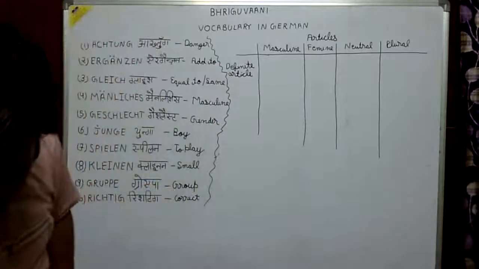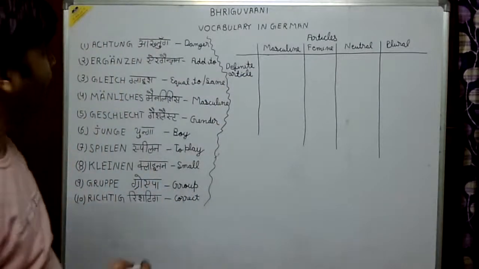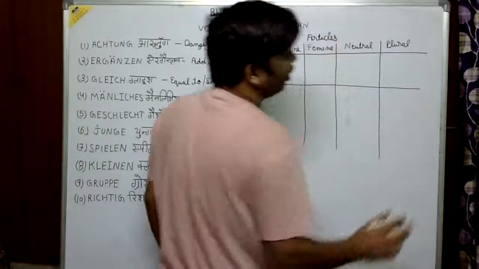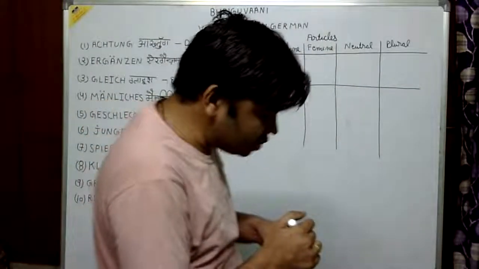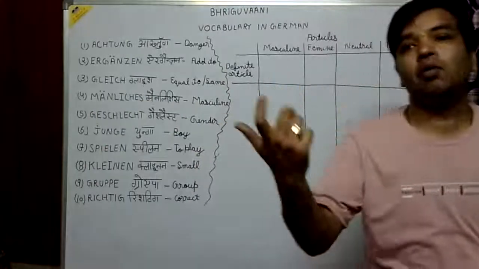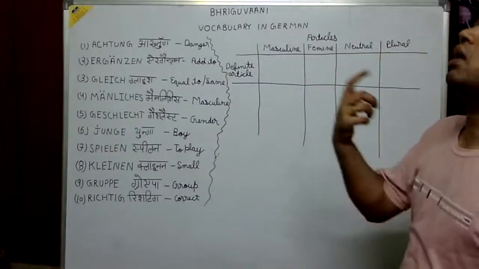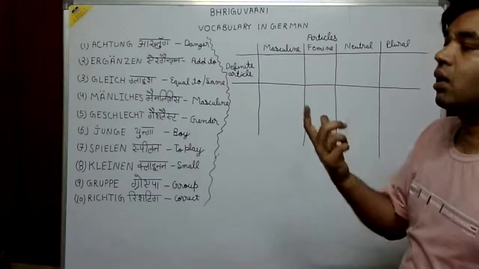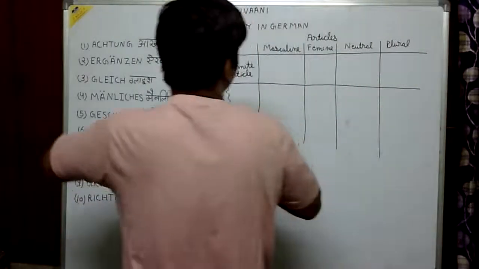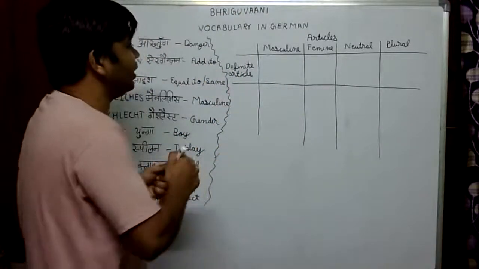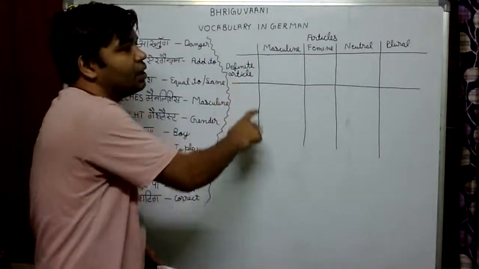Definite article. So for the definite article, in the case of masculine nouns, we say der.